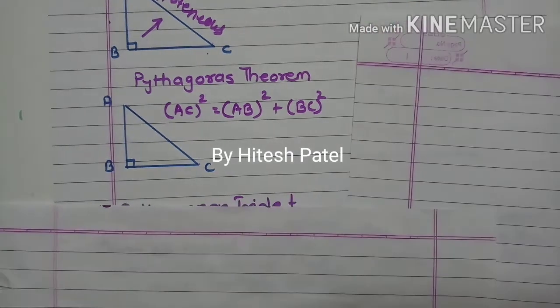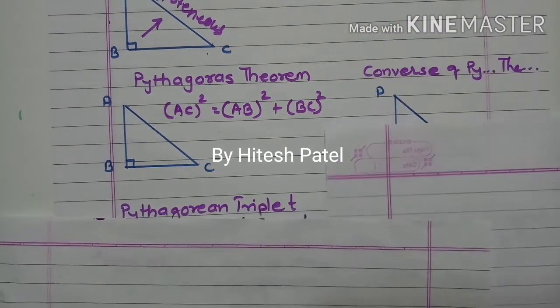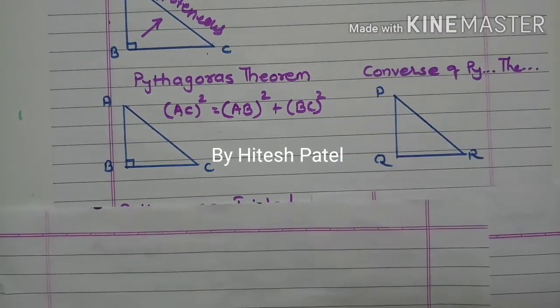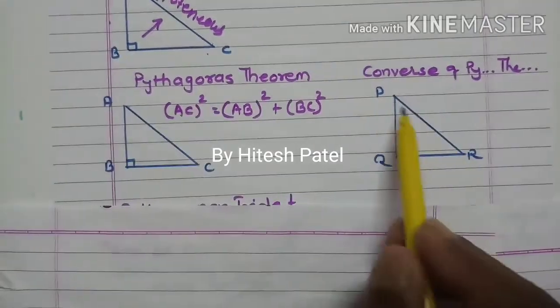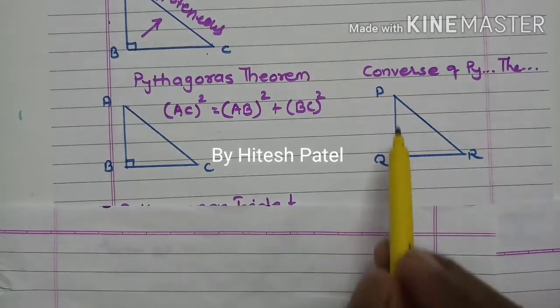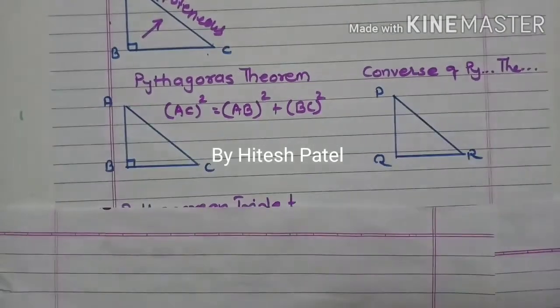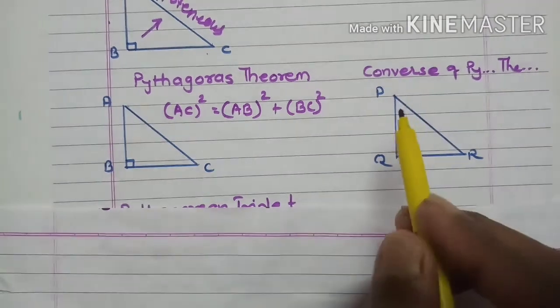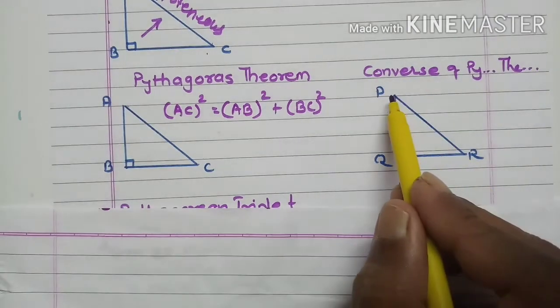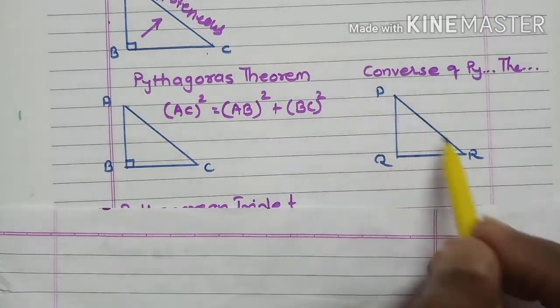And the converse of Pythagoras theorem. Here we have one triangle PQR. We don't know which type of triangle PQR is, whether it's obtuse, acute, or right angle triangle. But we know the longest side of this triangle is PR.